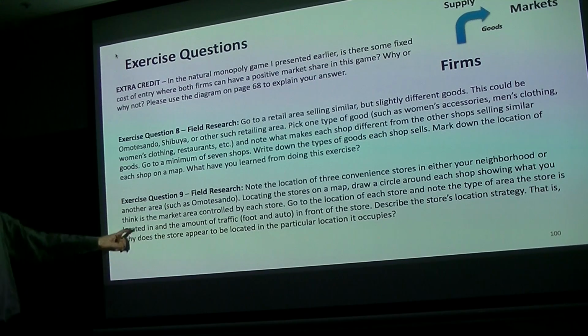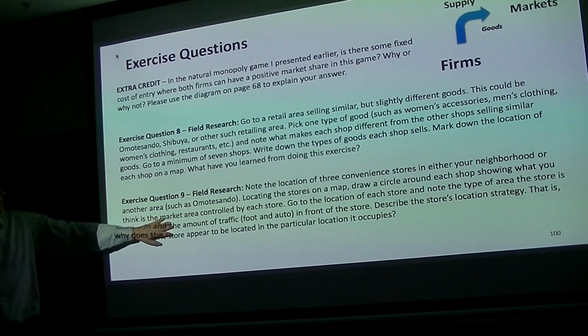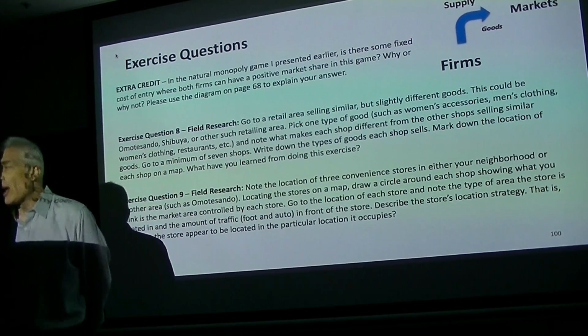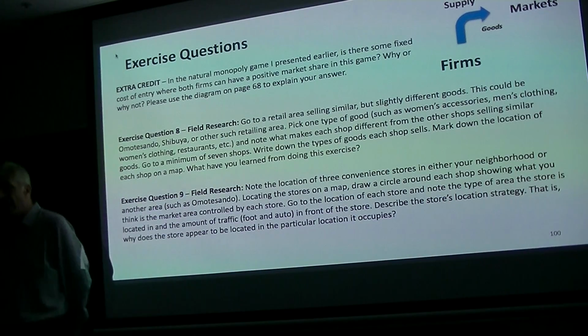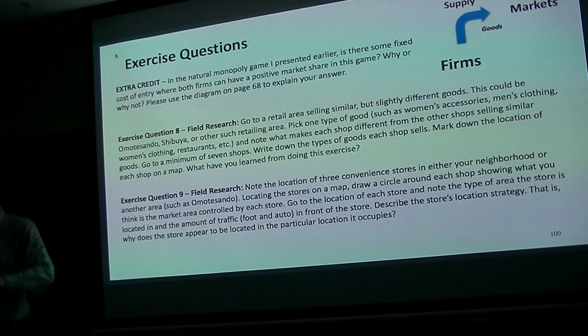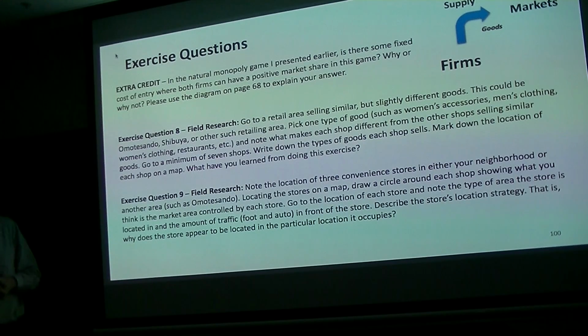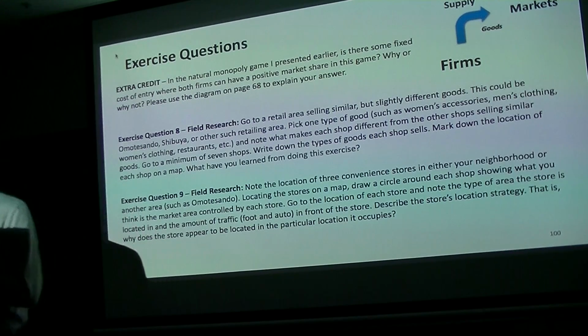The customer is only willing to go so far, which means that when you look at how convenience stores locate in space, they tend to avoid each other. They tend to space relatively evenly in space. The world isn't perfect. There are places where they can't get into.